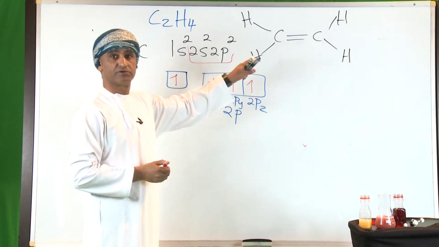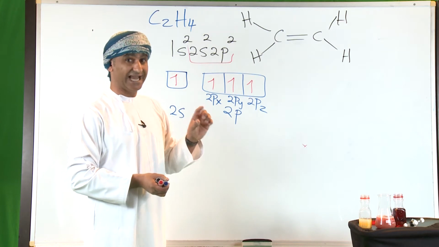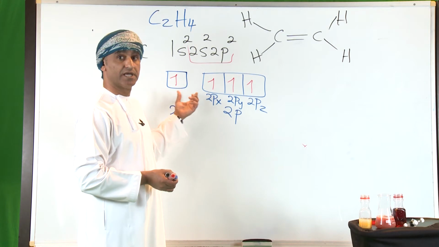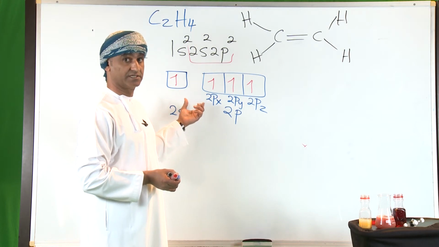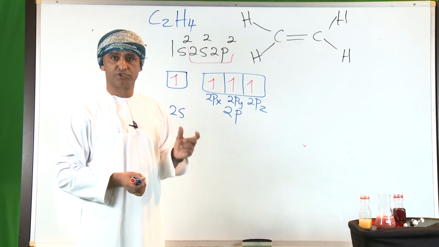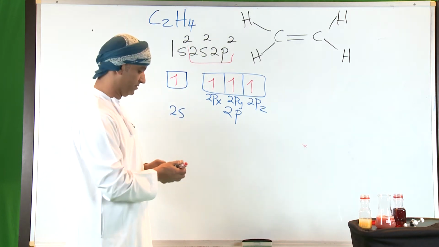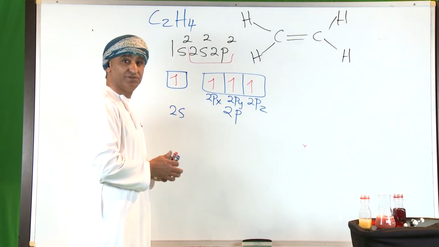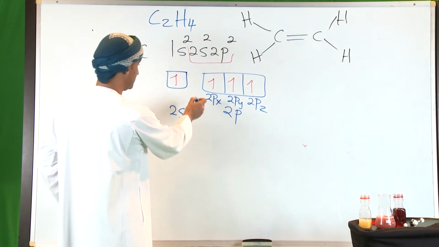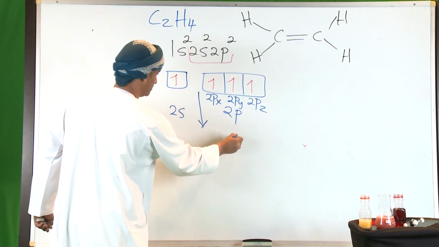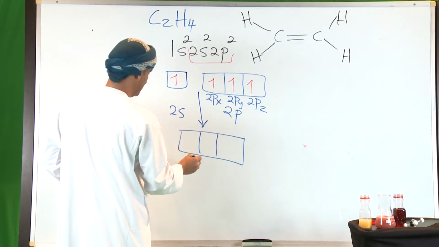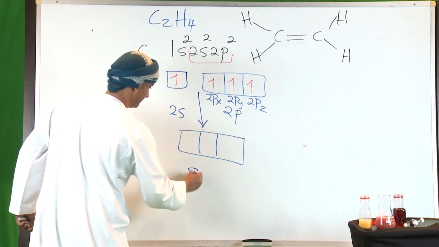Now, we have mentioned already that there are 3 effective electron pairs around carbon in the case of ethylene. Therefore, not all of these orbitals will mix, only 3 of them. In that case, the 2s orbital should mix with only 2 p orbitals to get 3 brand new hybrid orbitals, which would be called sp2 hybrid orbitals.